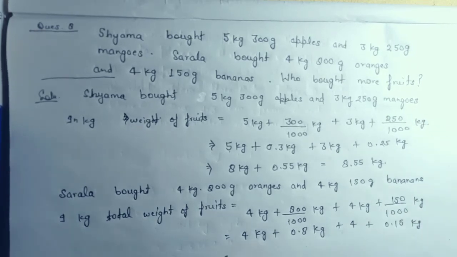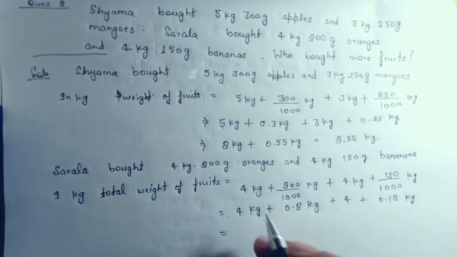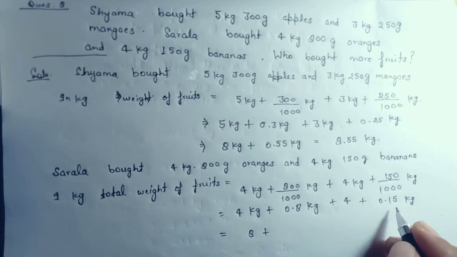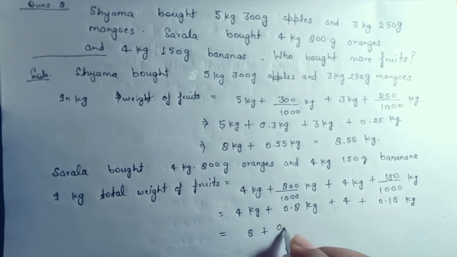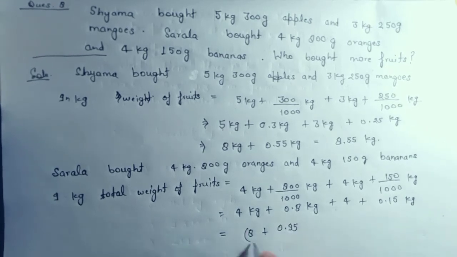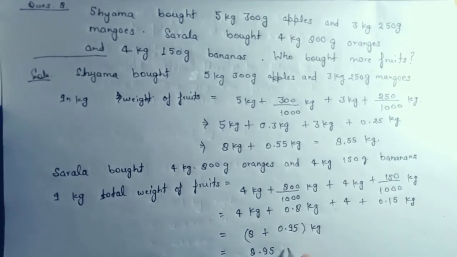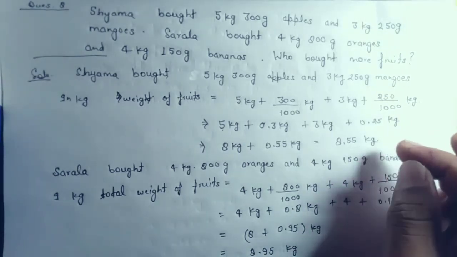Add these weights: 4 and 4 becomes 8, and 0.8 plus 0.15 gives 0.95 kilogram. So the total is 8.95 kilogram, the total weight of the fruits bought by Sarla.